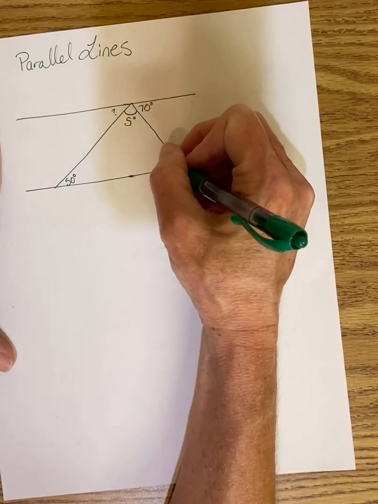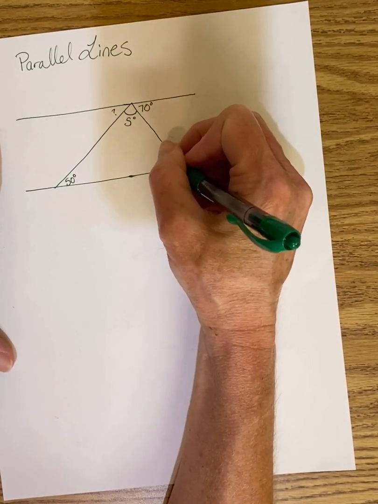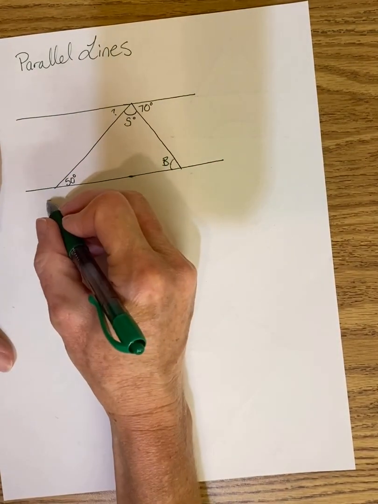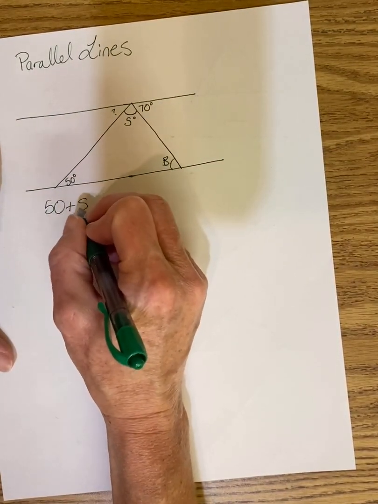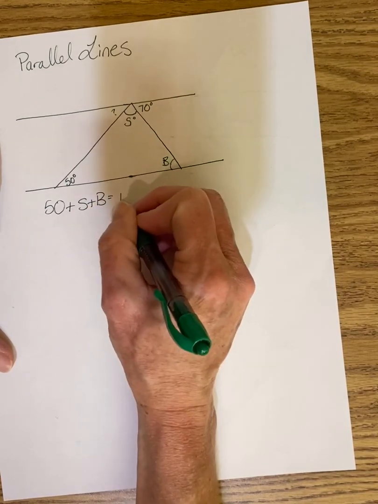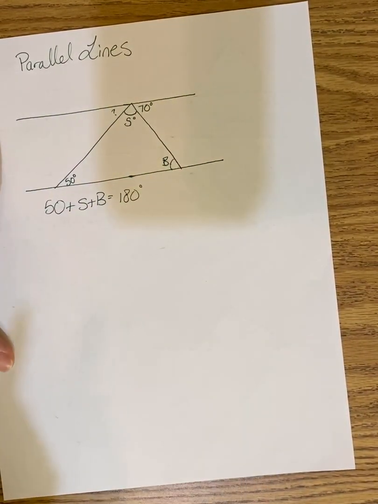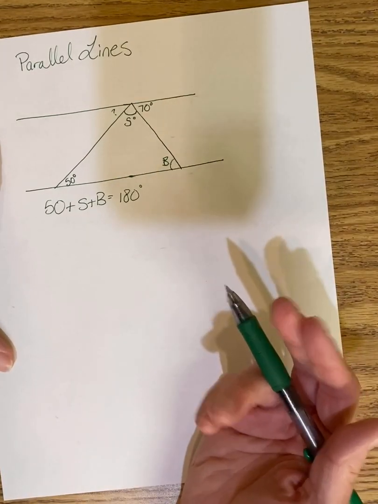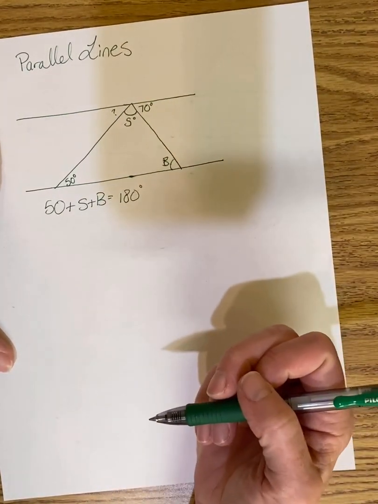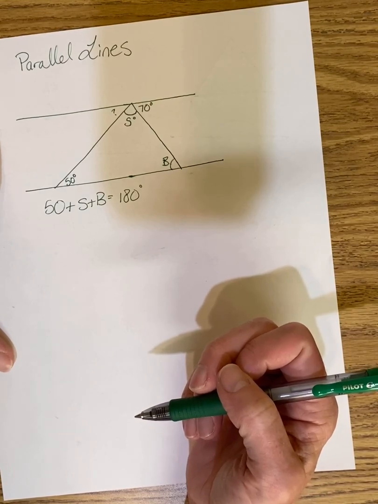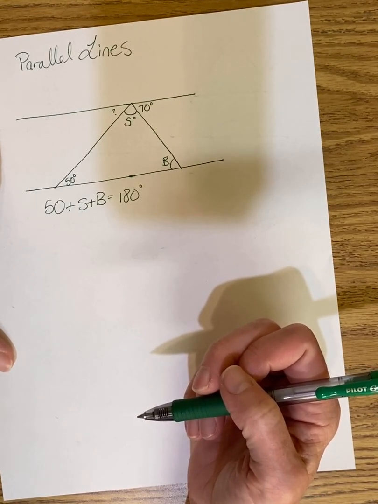Let's call this one B. So we know that 50 plus S plus B equals 180 because they're a triangle, but that doesn't do us a heck of a lot of good because I don't know what B is. Can I find out what B is? Can I figure it out?